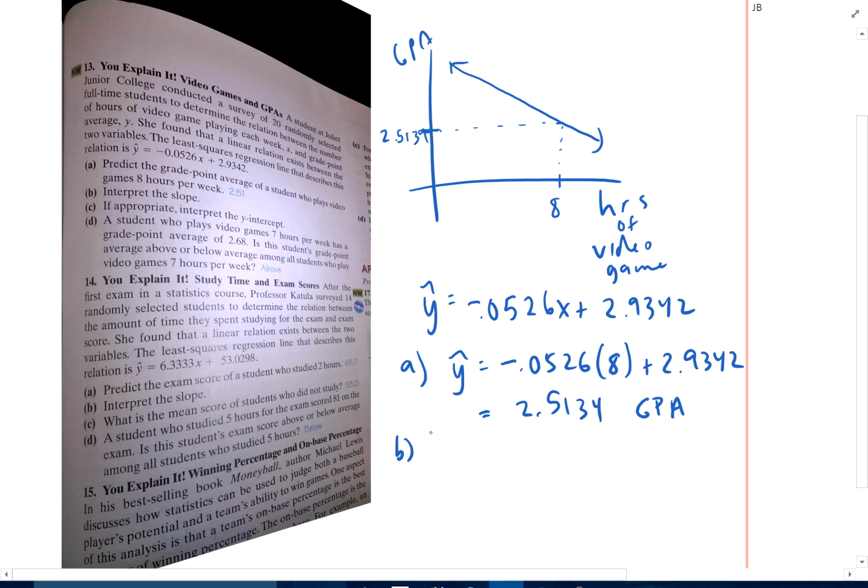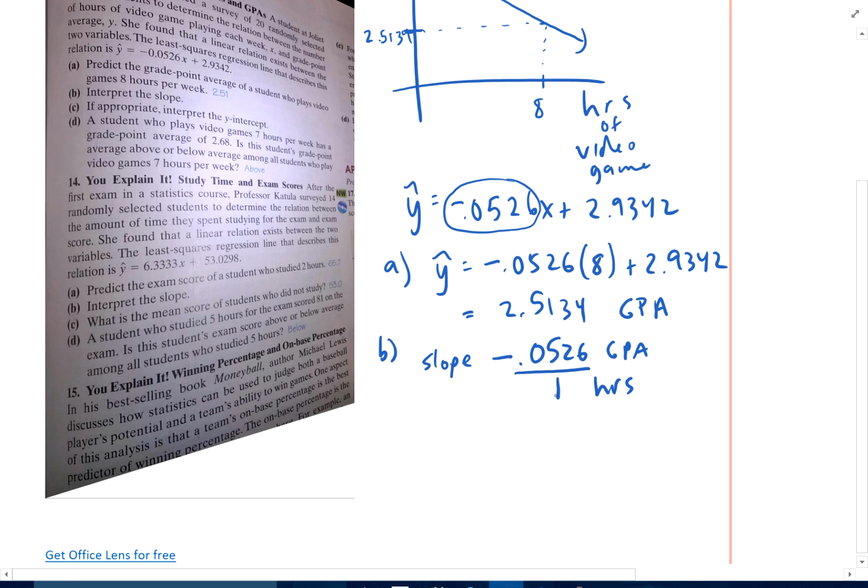Interpret the slope. The slope is this guy right here. The slope is negative 0.0526 over 1. Now my units are GPA over hours, because my slope is y over x.